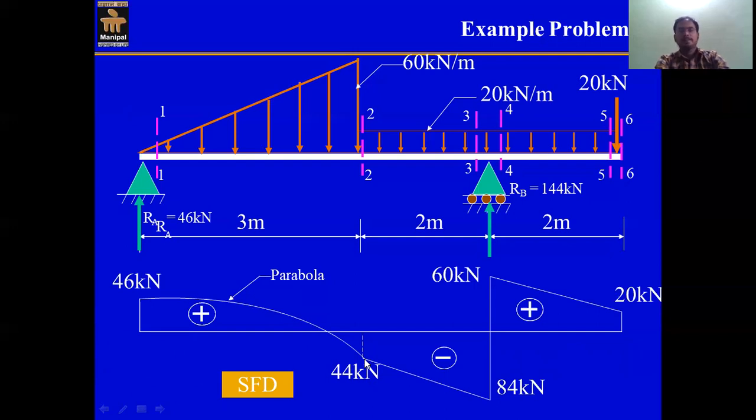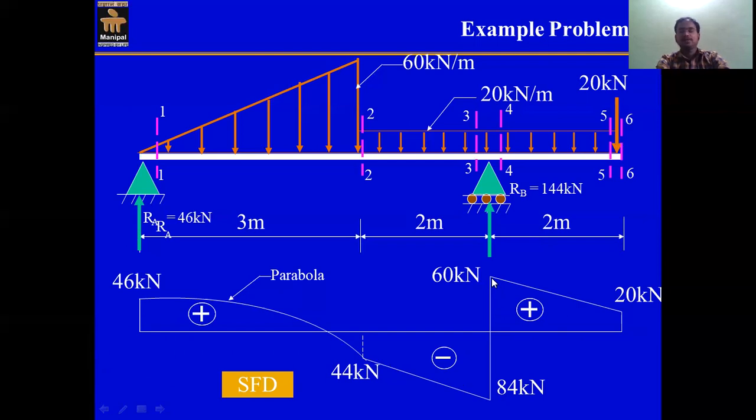So it is minus 44, so it is in the downward direction. Next, the section at B, before it, due to this effect, the shear force is minus 84, and after that it is 60, and here it is 20. So finally you can join through lines.